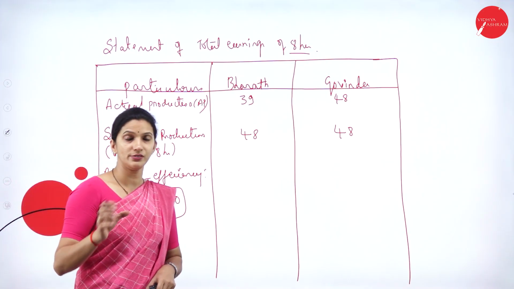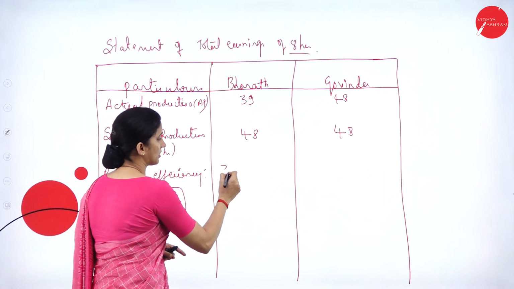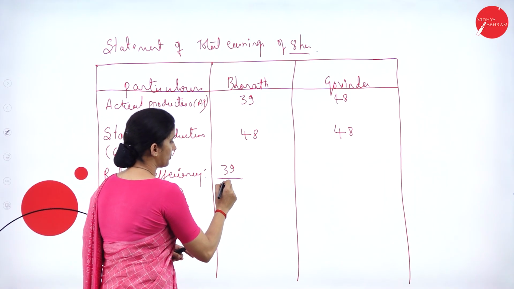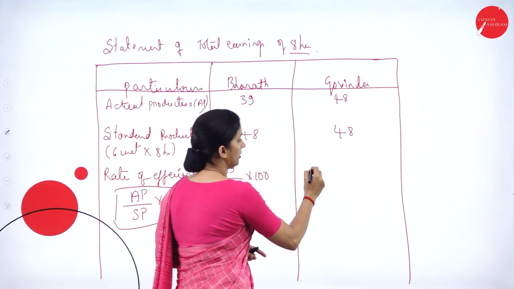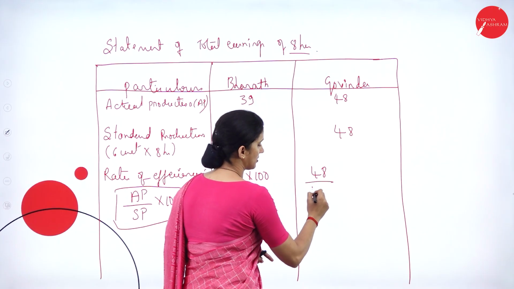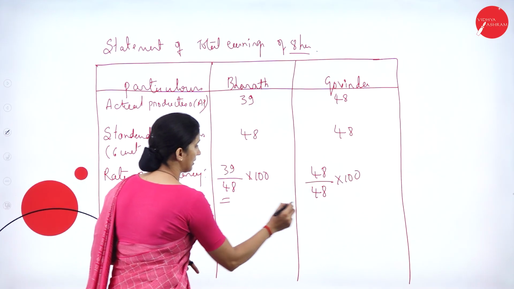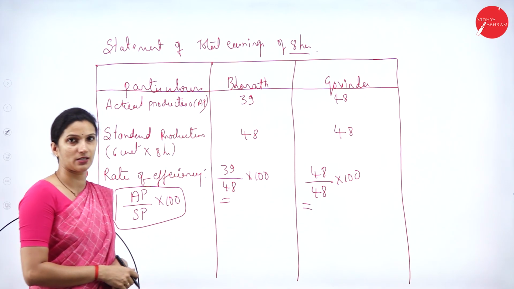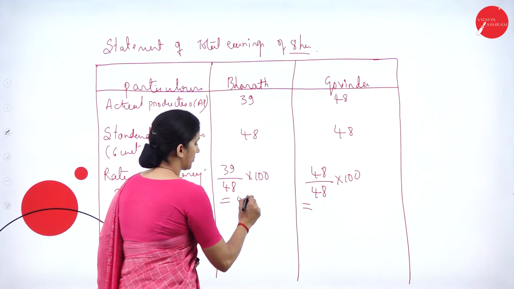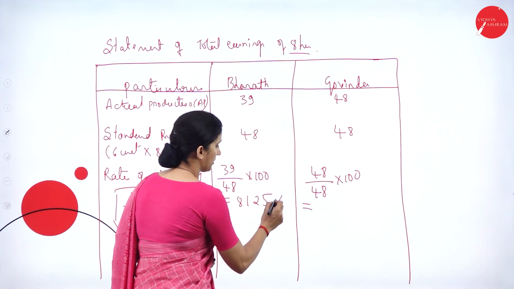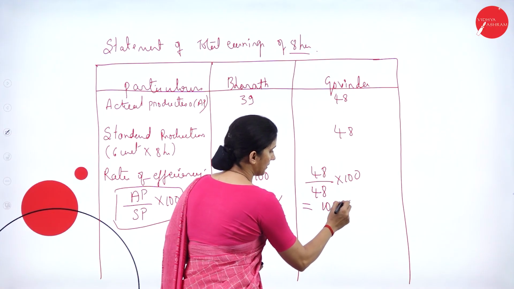For Bharat, actual production is 39 and standard production is 48, into 100. So 39 divided by 48 into 100 is 81.25%. For Govinda, 48 by 48 means it is 100%.